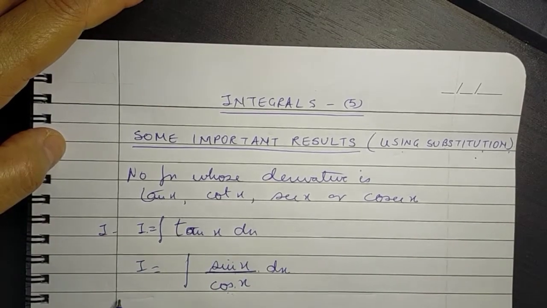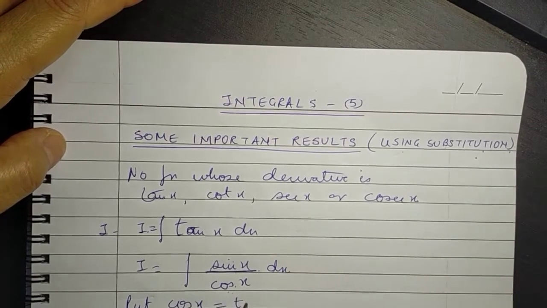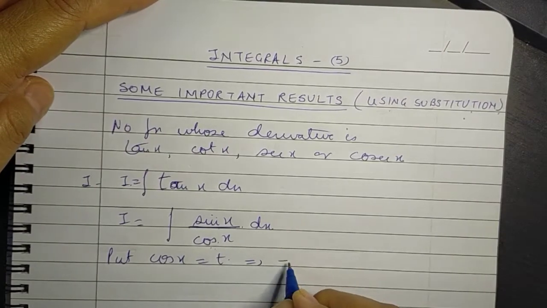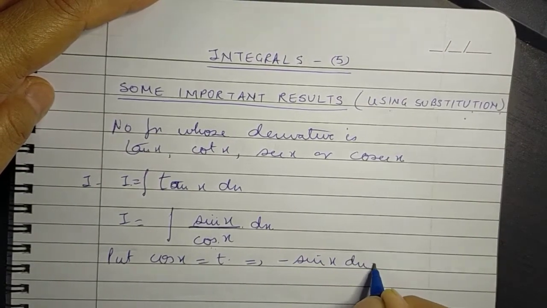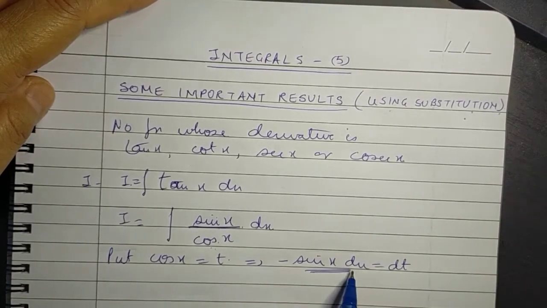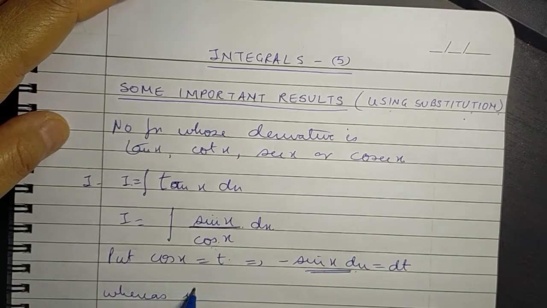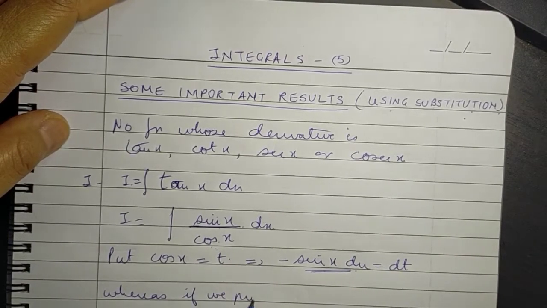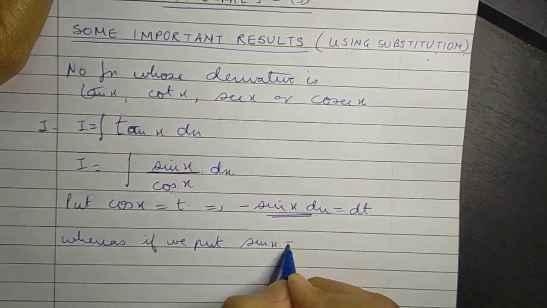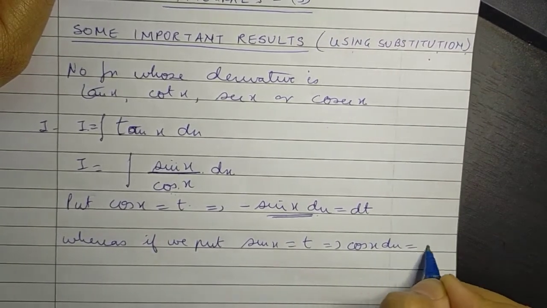Now if you put cos x as t, even though we are getting minus sin x dx as dt, here sin x is in product with dx, whereas if we put sin x as t, we will get cos x dx as dt.